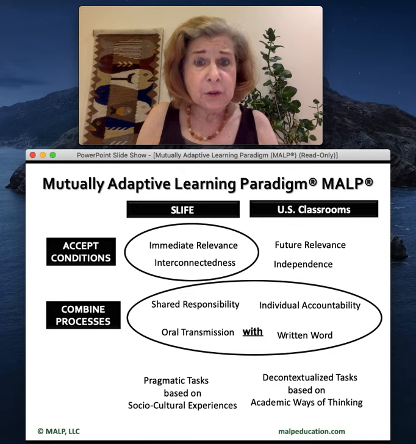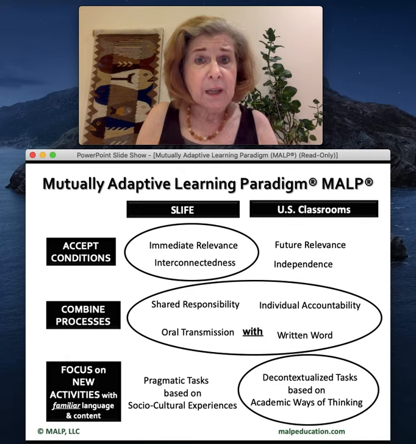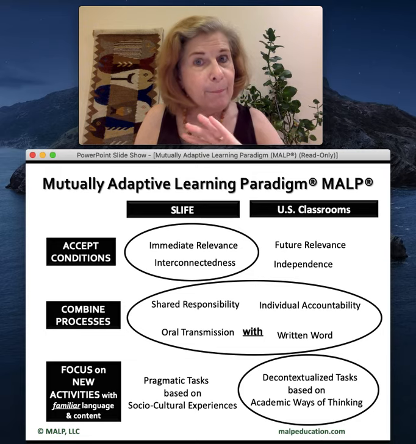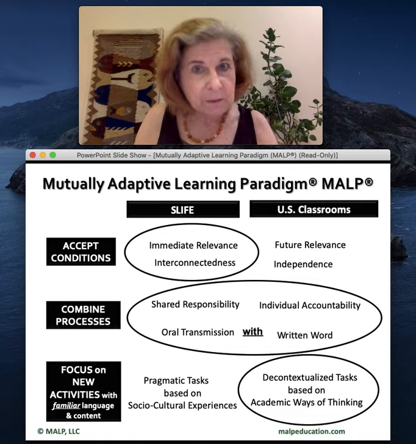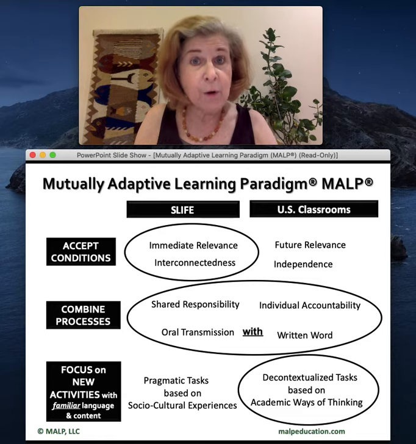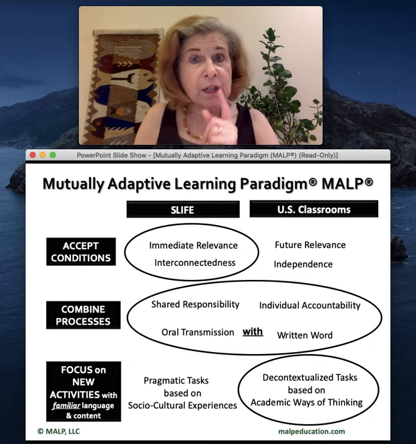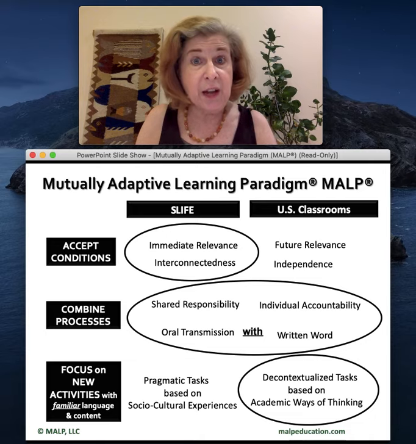And the third item is now our priority in balancing the schemata. We have familiar schemata on the left; we have some. So now we need some unfamiliar, which is balancing it. We're going to make explicit the instruction on decontextualized tasks and academic ways of thinking.